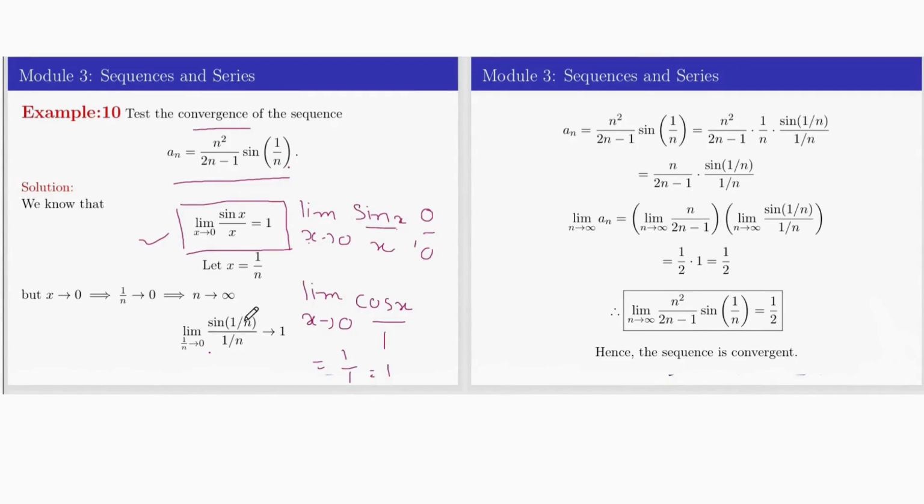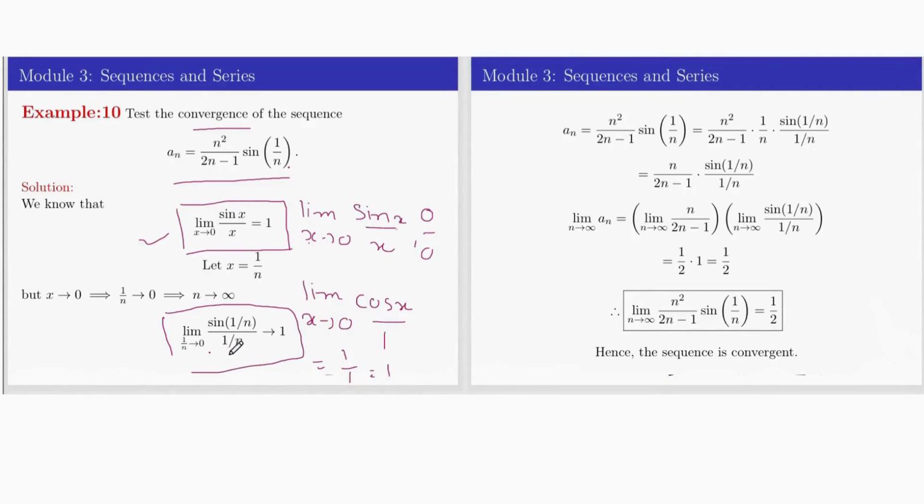Now in this result put x equal to 1 upon n everywhere. So we get limit 1 upon n tends to 0, sine 1 upon n upon 1 upon n equals 1.